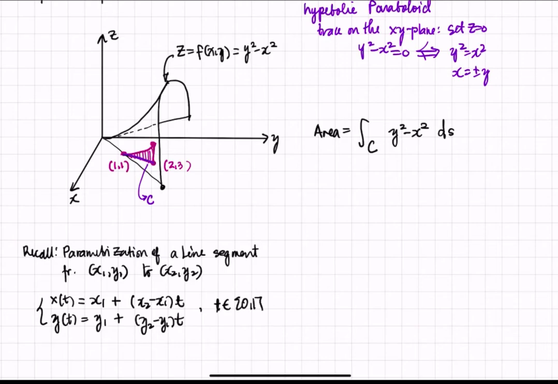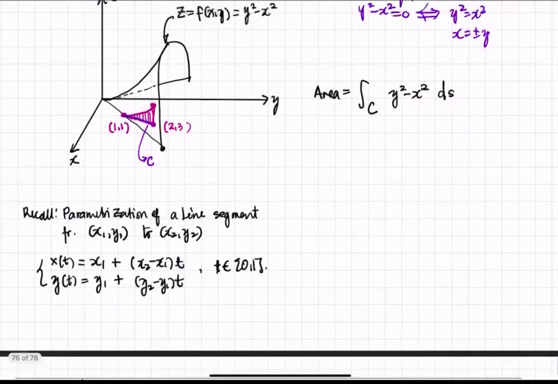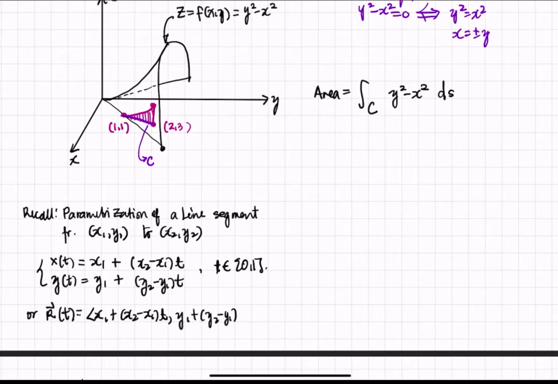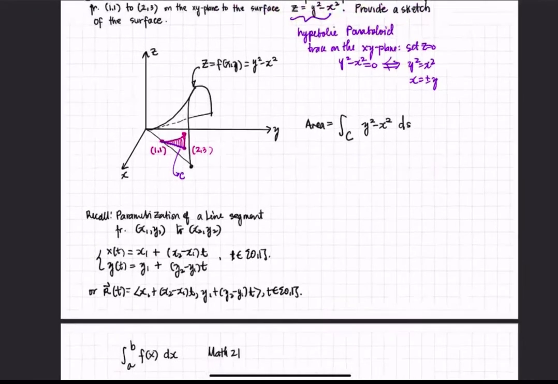Your parameter is t. Or if you want vector notation, you just make the x component that. And your t is between 0 and 1. So that's the parameterization. Okay?